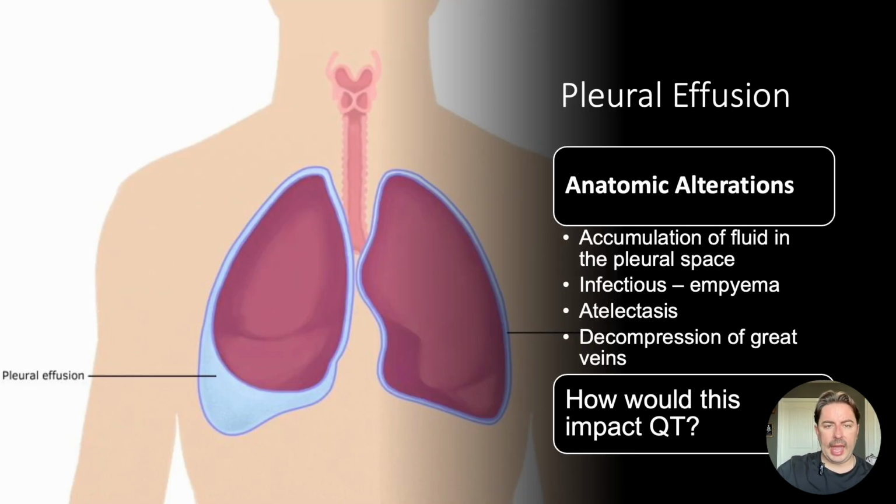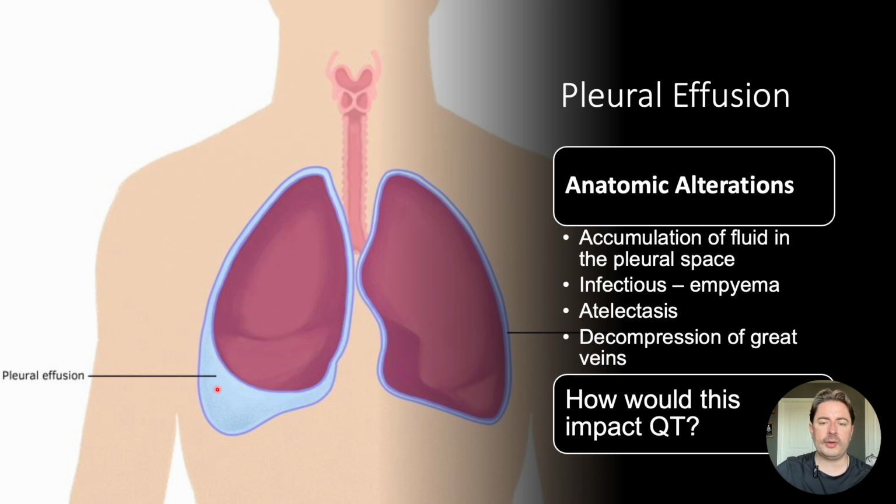So when we look at the pleural effusion, what we're talking about, like I said, is the accumulation of fluid in the pleural space. And when we have a fluid that is infectious, we call that specifically an empyema. If this were to be blood in the pleural space, we would call that a hemothorax.